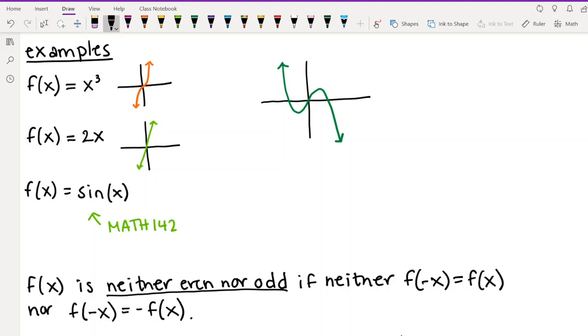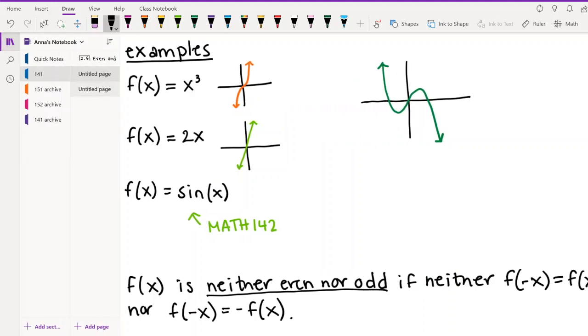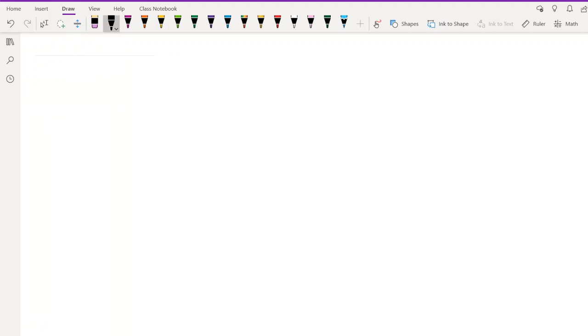Okay, so I want to do a few examples, and in these we're going to basically determine whether the functions are even or odd, and we're going to do it two different ways. We're first going to test out some numbers to try to help us get an idea of whether it seems like it's even or odd, and then we're also going to look at the graph as a confirmation of seeing that symmetry.